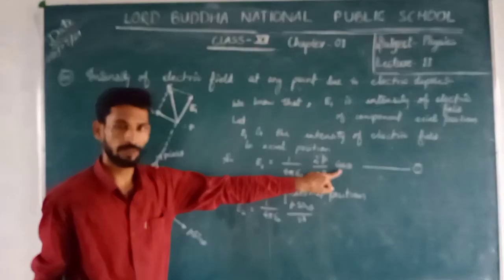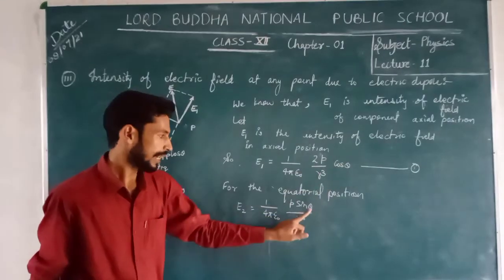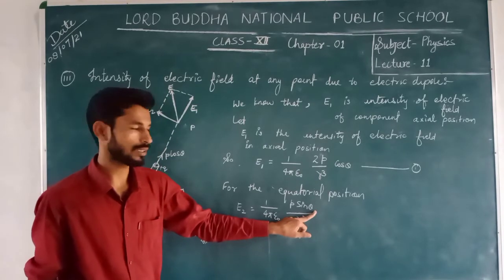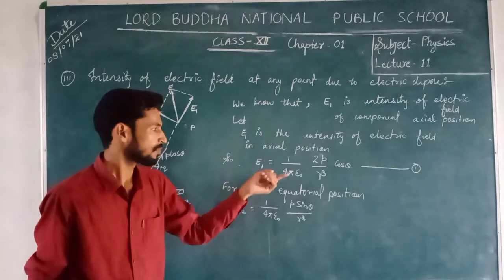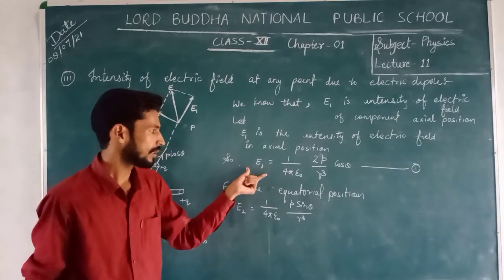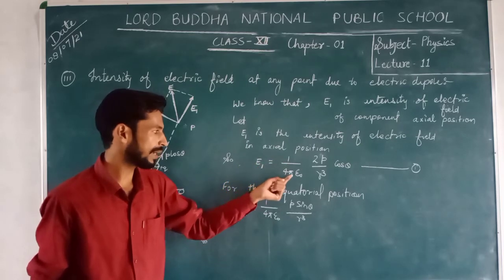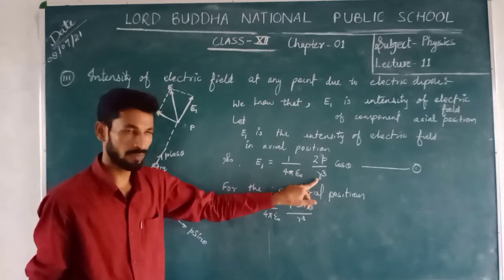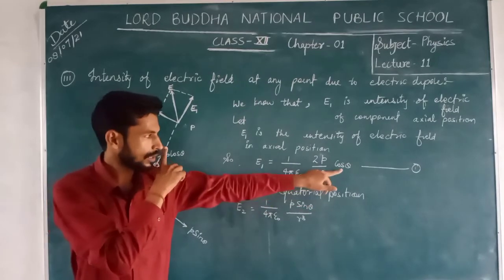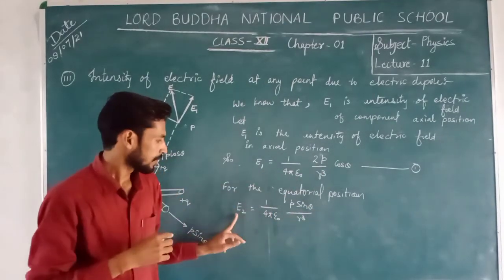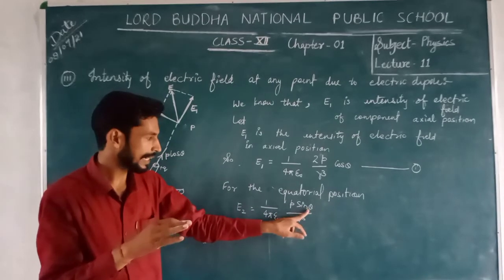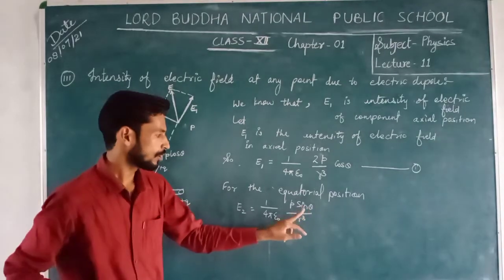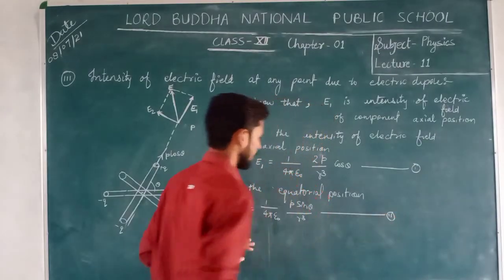Because this will be horizontal, that is the axial position, and this sin theta will indicate the equatorial position. Now in the formula which we discussed in earlier classes, for the axial position the formula was E1 equals 1/4 pi epsilon naught 2p upon r cube. So we are taking here the horizontal component, so take cos theta, and here E2 equals 1/4 pi epsilon naught p upon r cube for the equatorial position, and sin theta for this vertical component. So we are writing here p sin theta upon r cube. Suppose that this is equation number second.